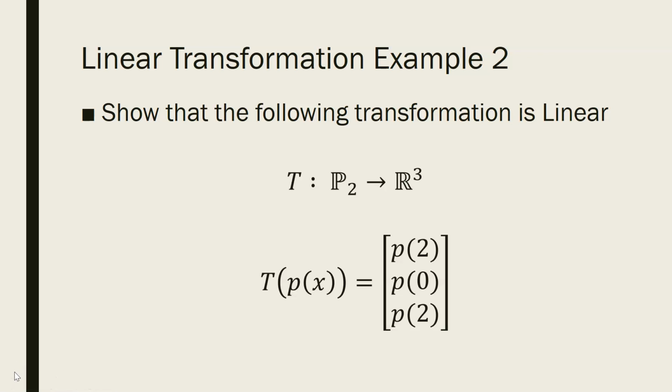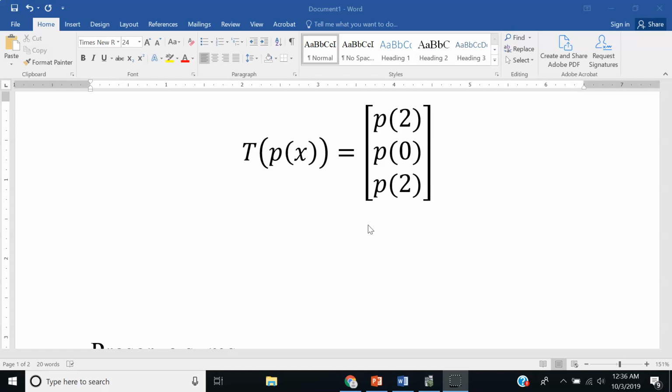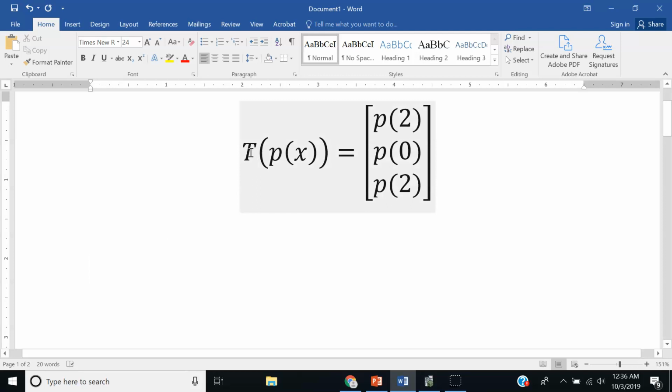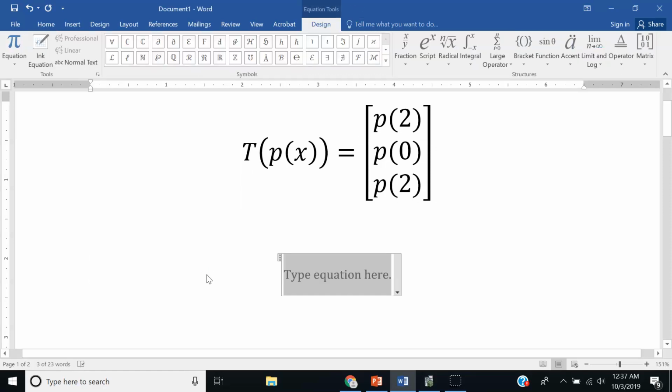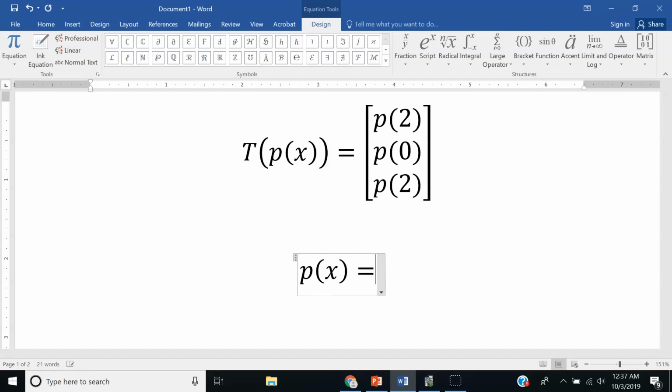Okay. All right, so let's think of this transformation and see if we can show that it's linear. First off, if you haven't quite got the concept yet, we're using function notation. Let's take an arbitrary polynomial of degree 2 or less, say x squared minus 3x plus 4.